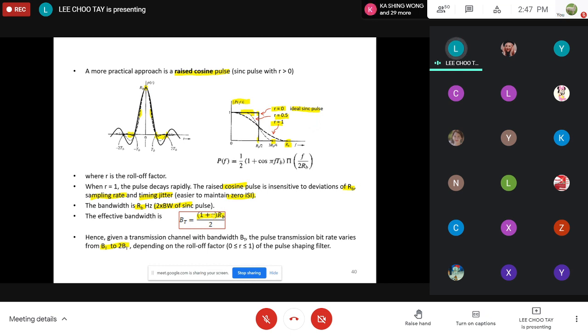If you use a roll-off factor of 0, the ideal sinc pulse, then your bandwidth is RB over 2, which is the same as our theoretical one. But if you use a more practical pulse, a raised cosine pulse, then depending on whether your roll-off factor is 0.5 or 0.8 or 1, your bandwidth will change accordingly. So that's what it means here: it depends on the roll-off factor of the pulse shaping filter.